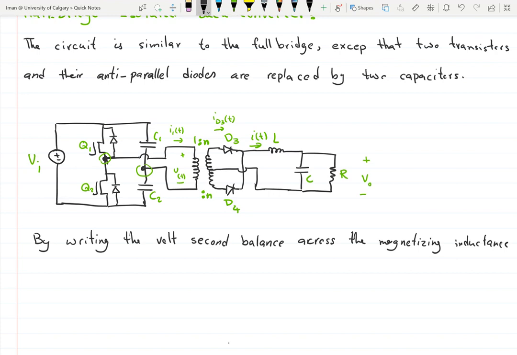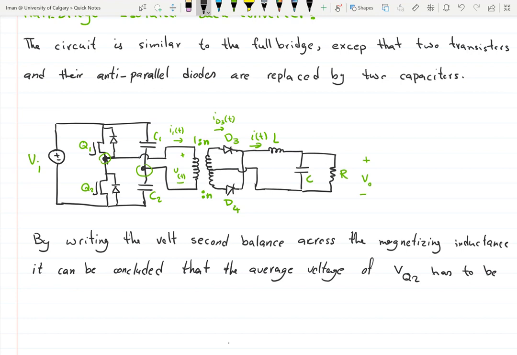The average of VQ2 has to be equal to VC2 at steady state operation.